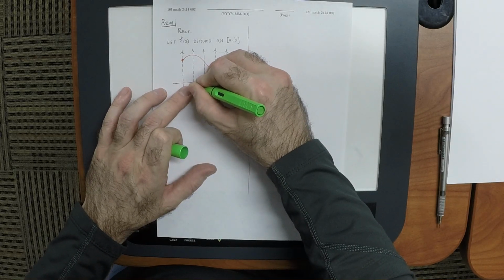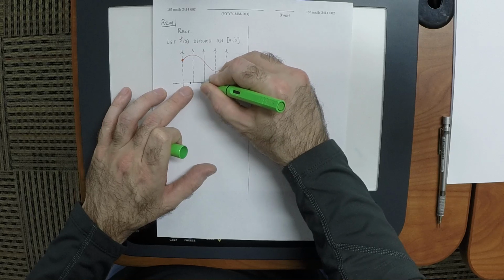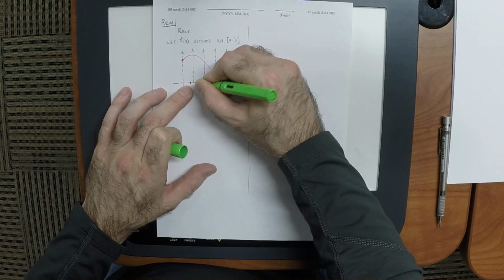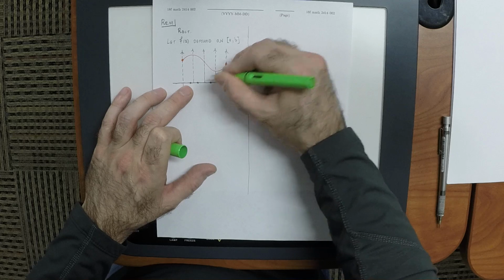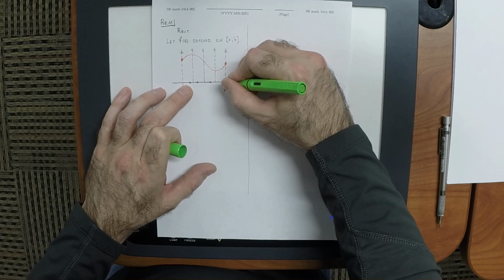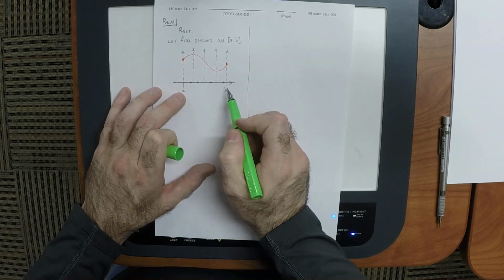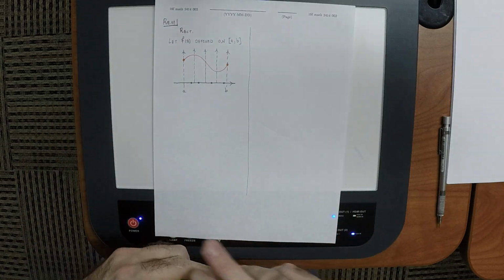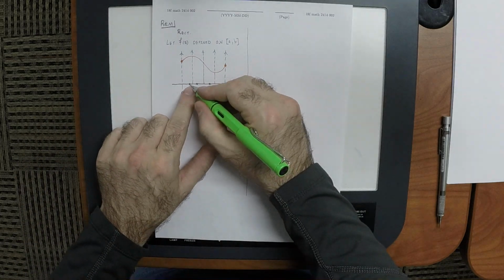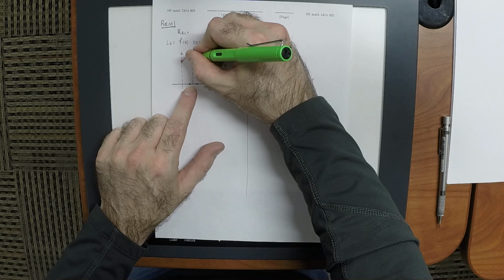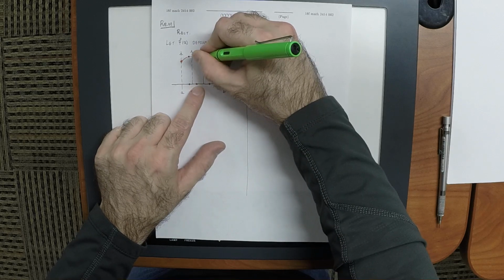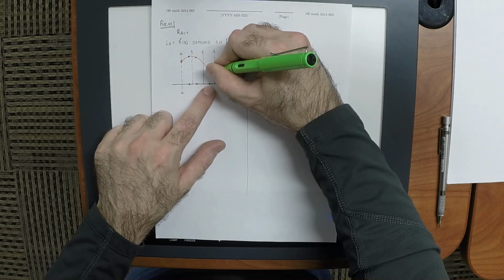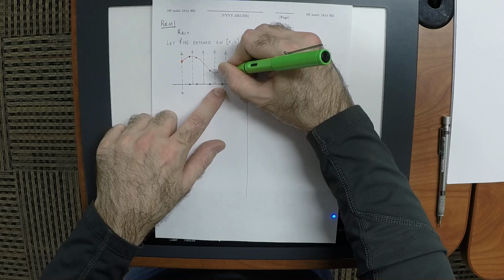So maybe I'll select that point and that point and maybe that point and that point. So there were 4 little regions, so that amounts to a selection of 4 points. So that input right there produces this output right there. That input produces this output, this input, that output, this input, that output.